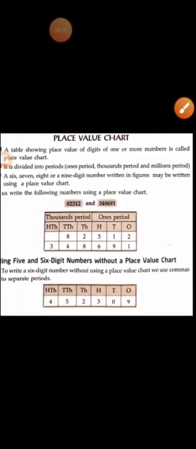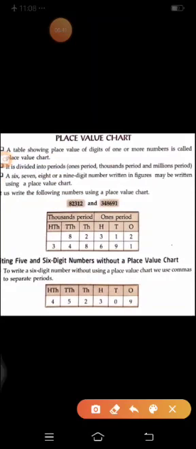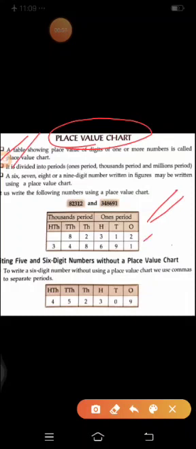Okay students, now we will understand what a place value chart is. A place value chart is a table showing the presentation of place values. Here we will make a chart and we will put the digits according to their places.